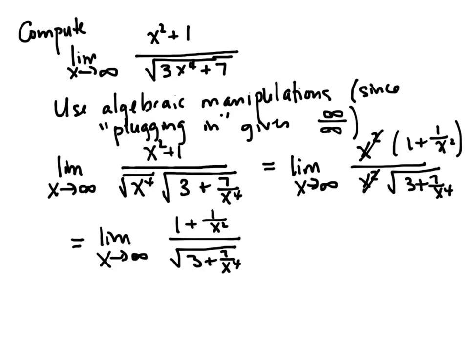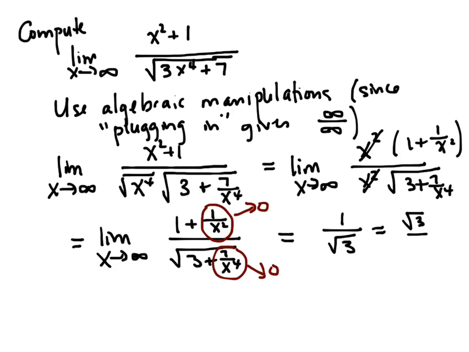Now again, if we take the limits using the basic limit law, so we take the limits of each of these pieces, well, the 1 over x squared will go to 0, and the 7 over x to the fourth will also go to 0. So we're left with 1 over the square root of 3. You could rationalize this if you want to be root 3 over 3, but if you don't, that's okay too.